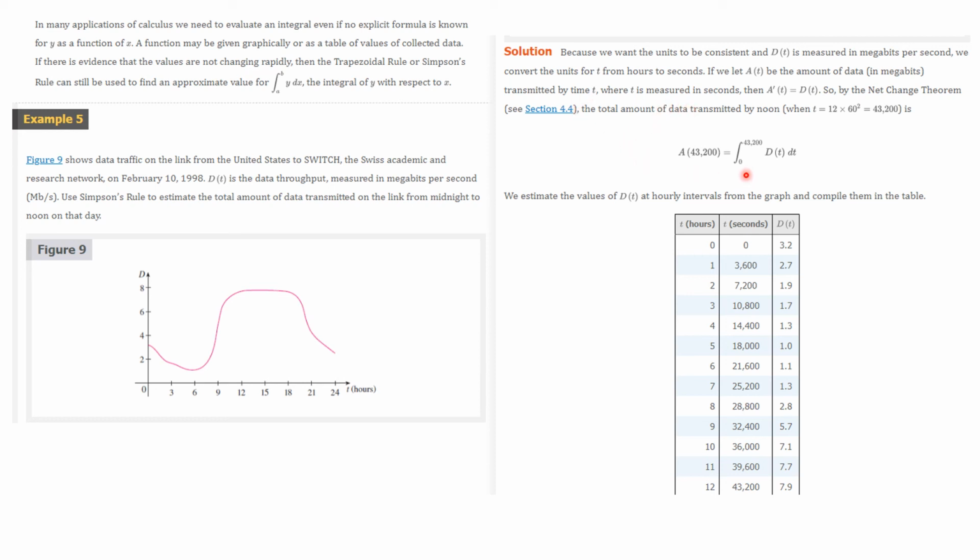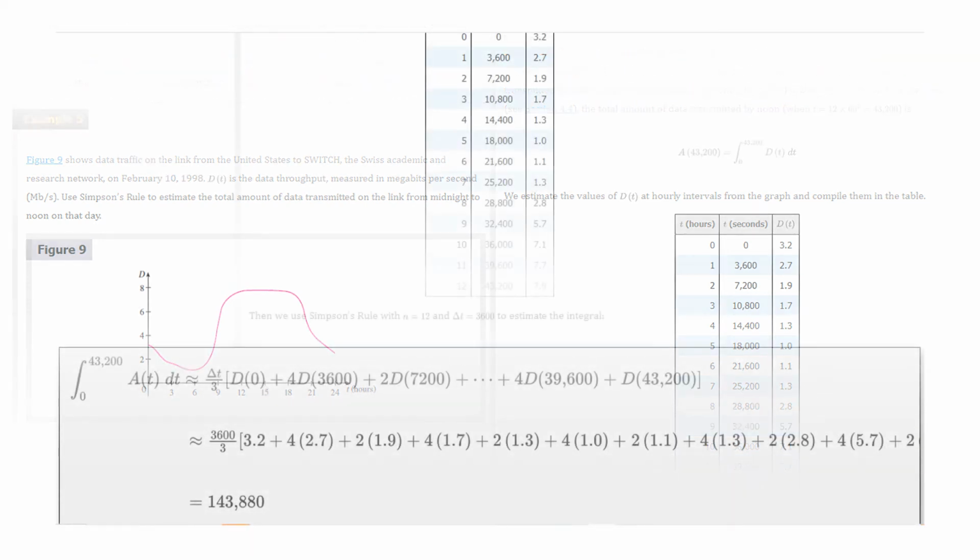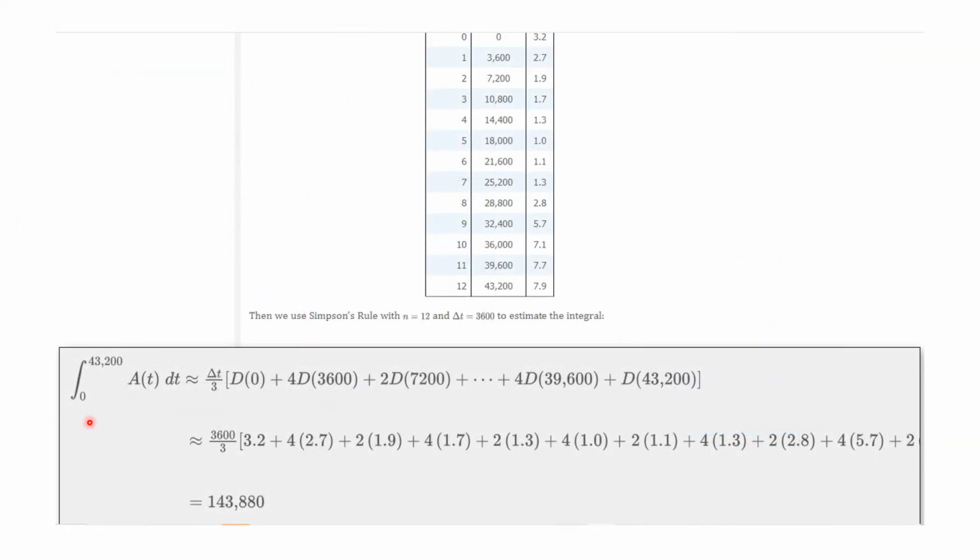So the integral from 0 to 43,200 of D of t is going to be the total amount of traffic, the amount of data that's transmitted. We use these data points and plug in.